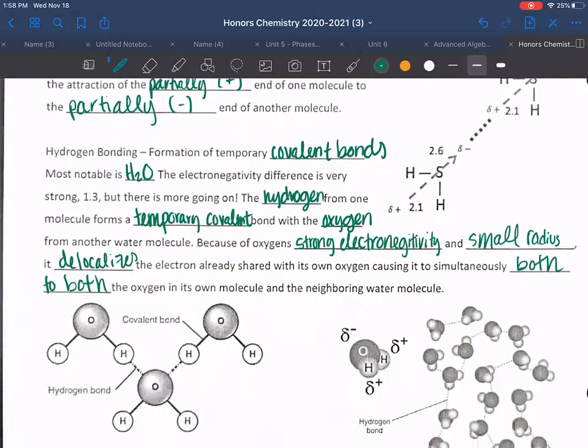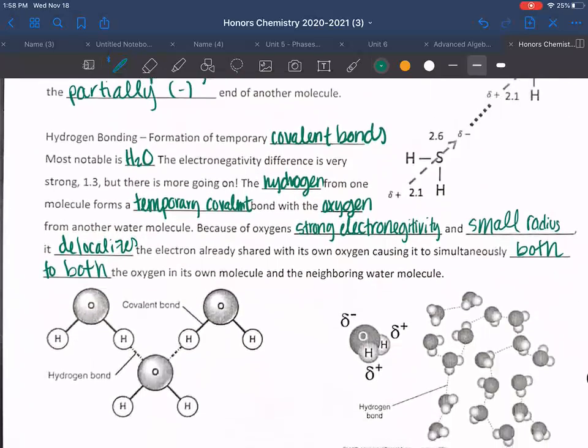So again, explaining this concept now here with a picture is, so the hydrogen from one molecule forms this temporary covalent bond. So this is the hydrogen bond here. This is the covalent bond that exists between atom to atom, so the intramolecular bond. Here's the intermolecular covalent bond that forms. And so oxygen really, really, really wants that electron.